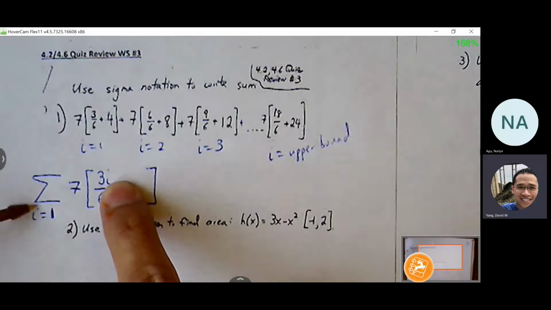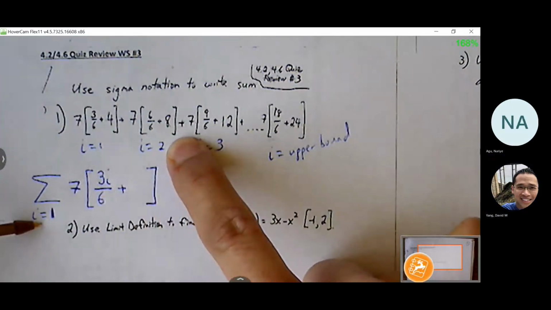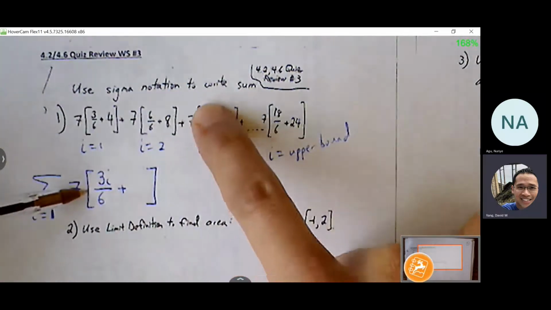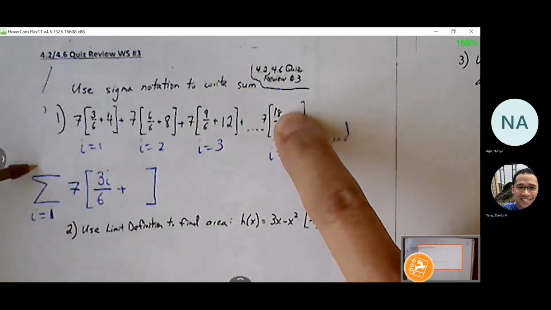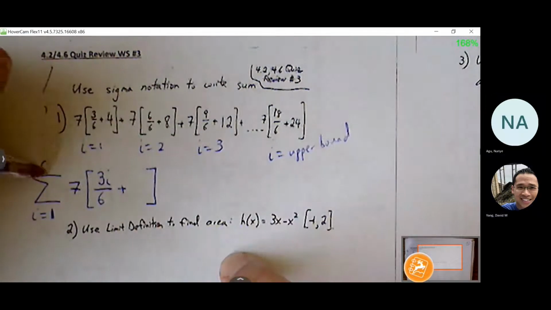Okay, so 3 times 1 is 3, that works. 3 times 2 is 6, that works. 3 times 3 is 9, that works. So what's going to be that final i value that will give me 18? 6.